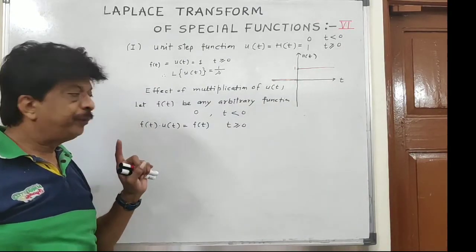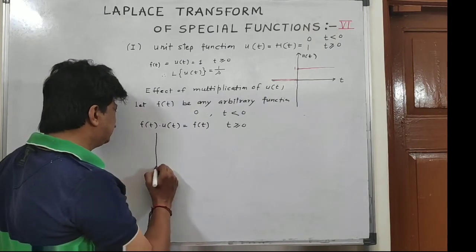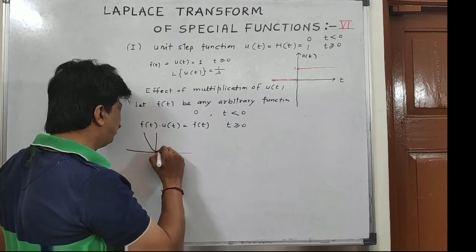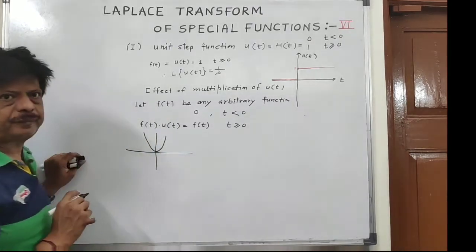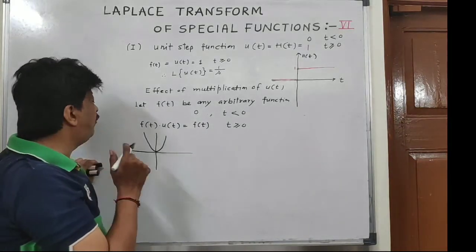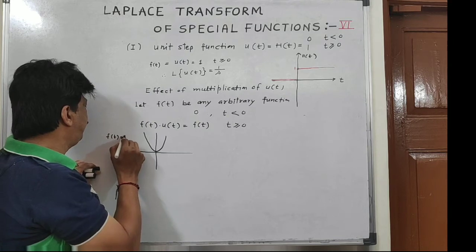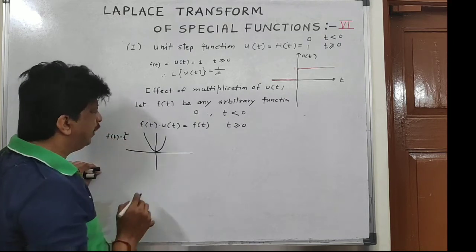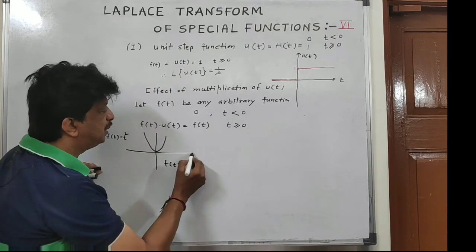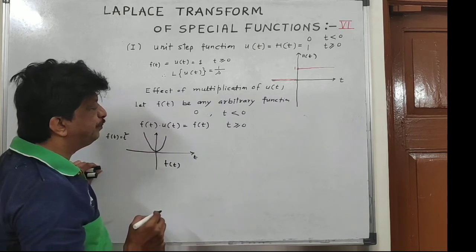What does it mean? If f of t is any arbitrary graph, consider this f of t as a parabola, y equal to x square, or f of t equal to t square. This is f of t. This is the t axis. This is the f of t axis.